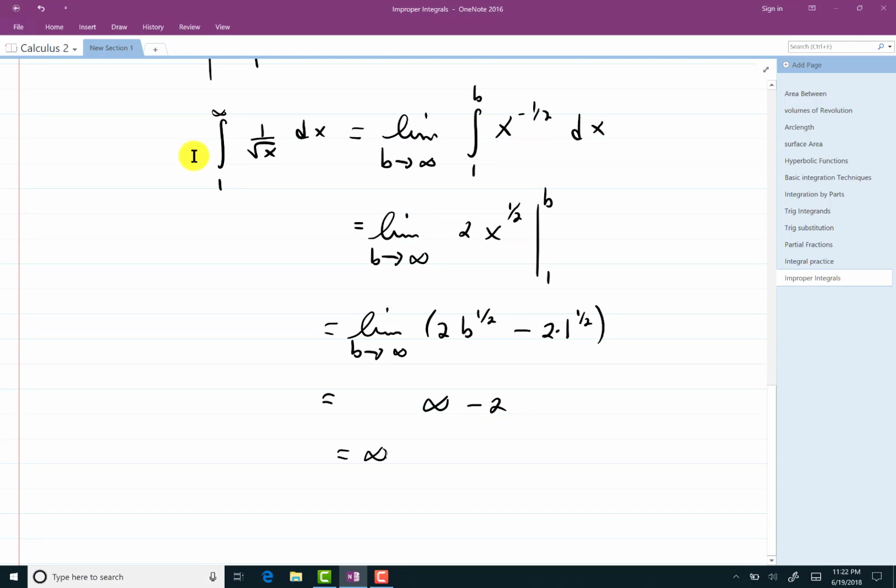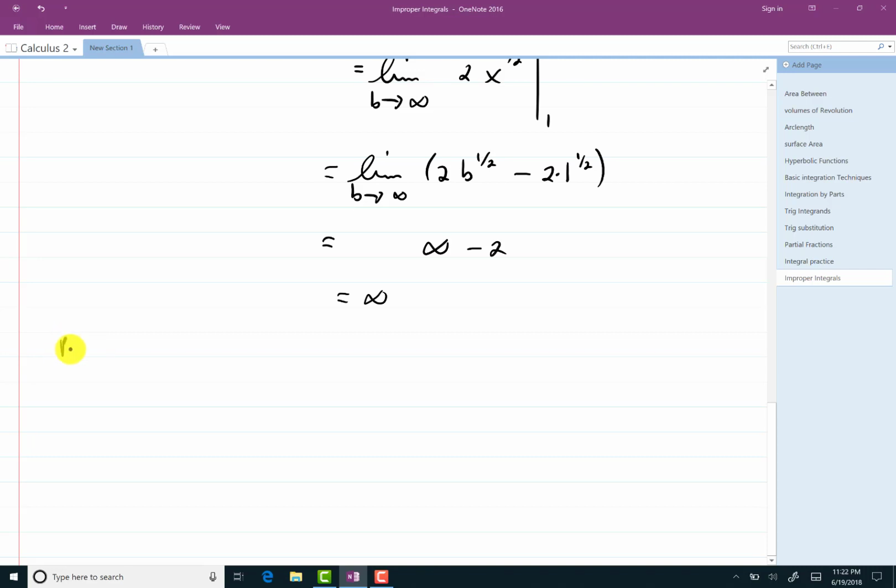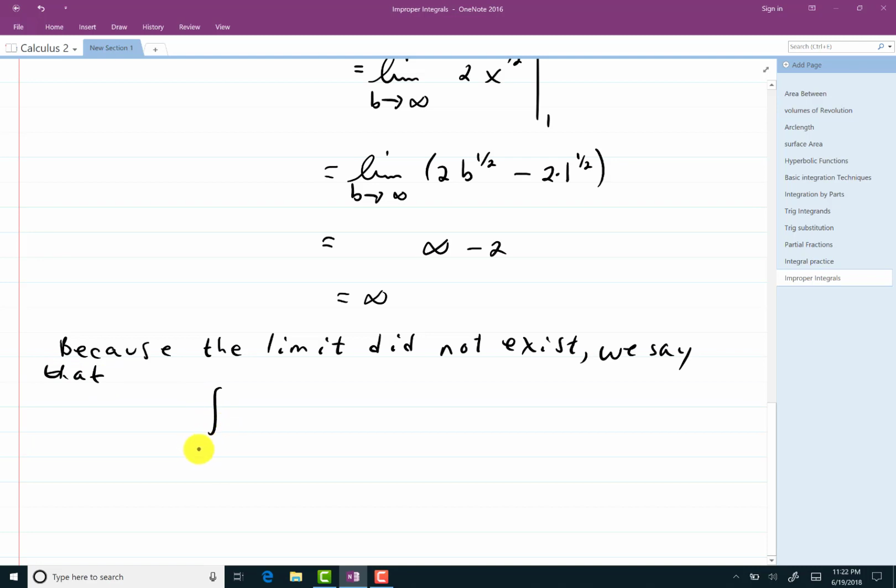So what happens is this thing right here, because the limit failed to exist, we say that it diverges. That's the key phrase, diverges.